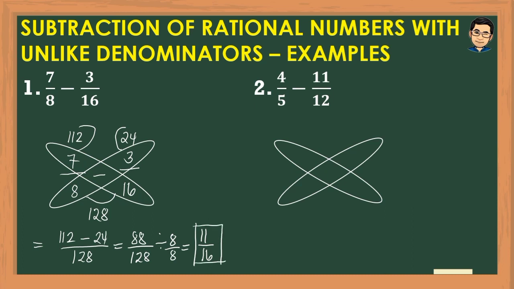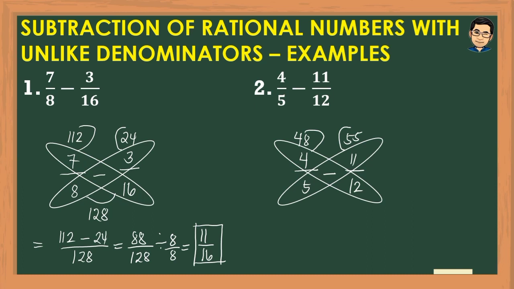Next, 4/5 minus 11 over 12. 4 over 5 minus 11 over 12. And then we multiply diagonally. 4 times 12, that is 48. 5 times 11, that is 55.